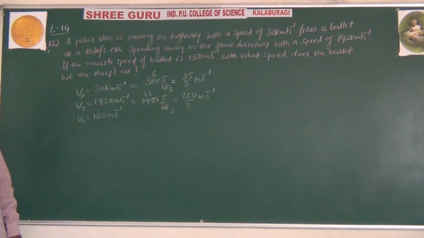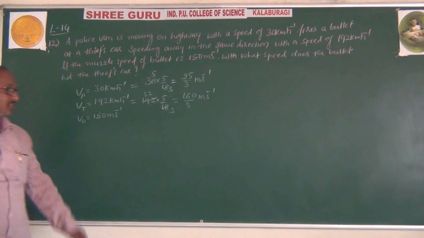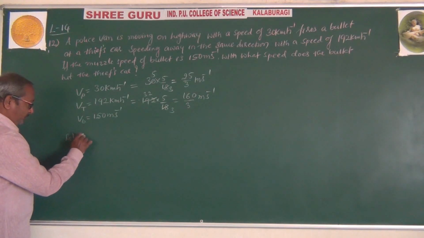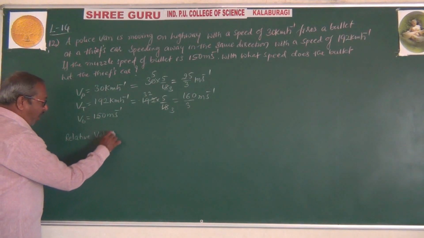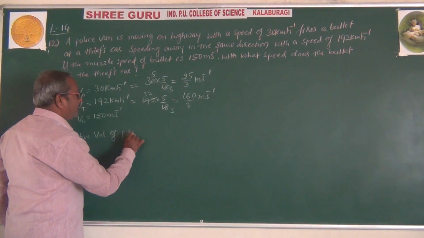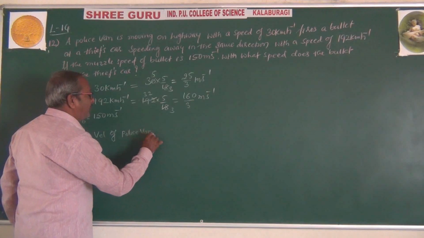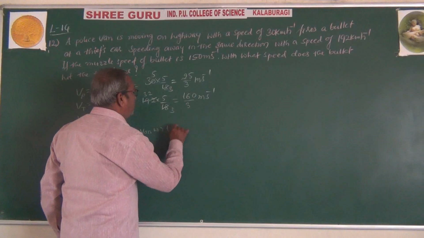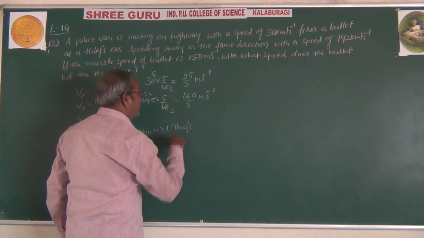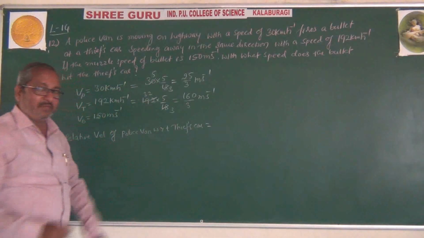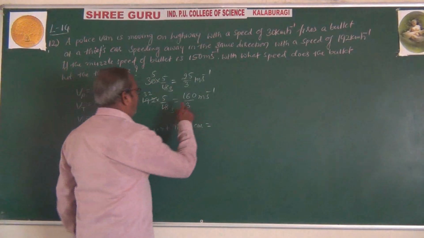So look here, the police van as well as the thief's car are both in the same direction. The velocity of the thief's car with respect to the police van, both in the same direction, means minus. Which one is larger here?